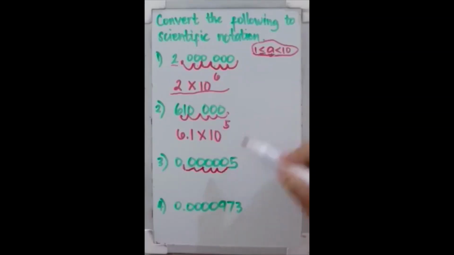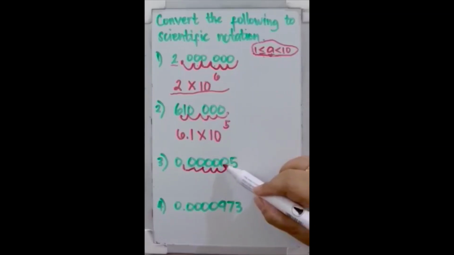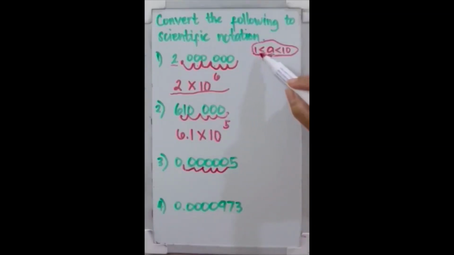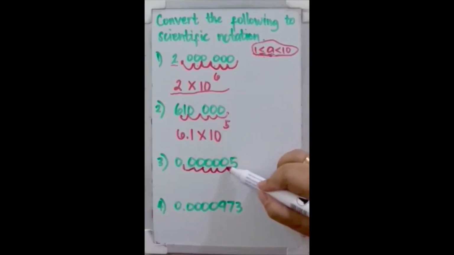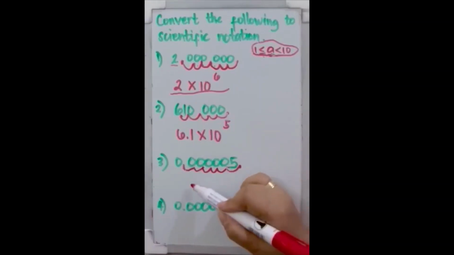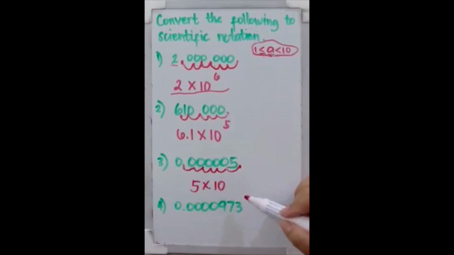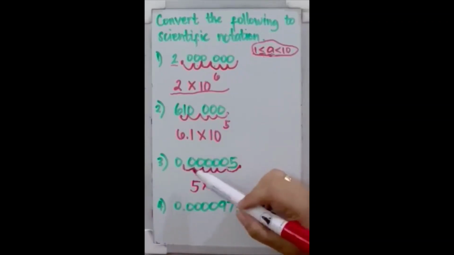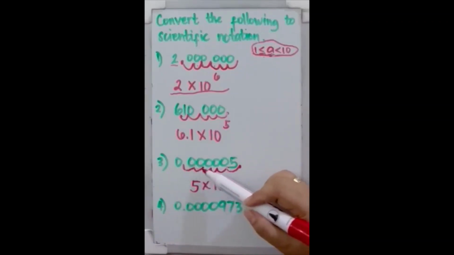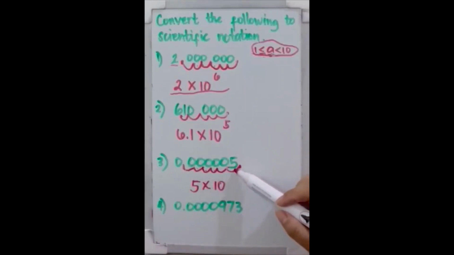What do you think? Look again at this rule for the coefficient. It should be a number greater than or equal to 1 but less than 10. If we stop here, it will be 0.5 and it is less than 1. So we need to move 1 more. Okay? So our coefficient will be 5. So write 5 times 10 raised to the power of, again, count how many places you have moved. 1, 2, 3, 4, 5, 6.